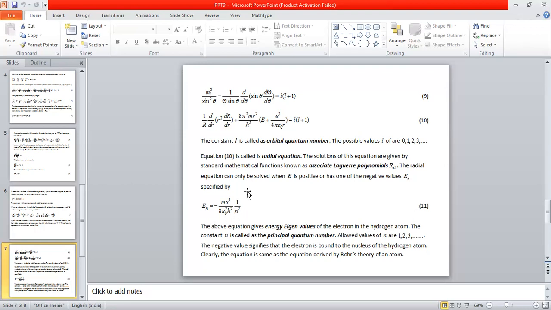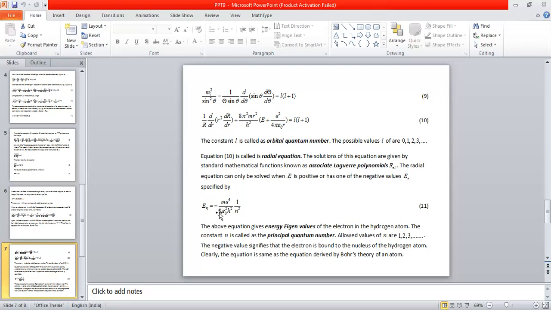This is precisely the same equation which can be derived on the basis of Bohr's theory. So the conclusion is that once we apply Schrodinger's equation to the hydrogen atom, the solutions for the energy eigenvalues match exactly those derived on the basis of Bohr's theory of the hydrogen atom.